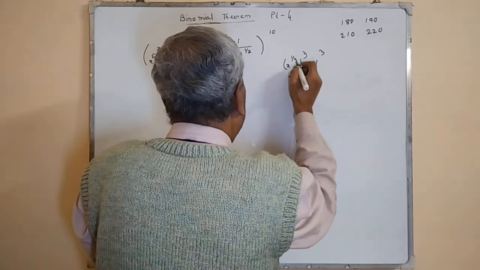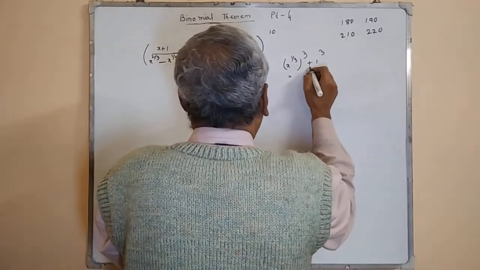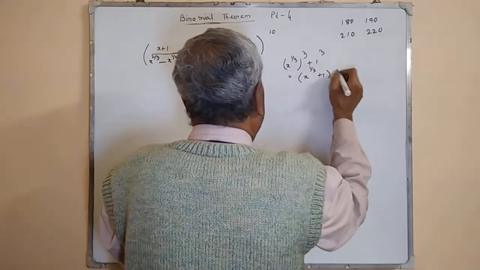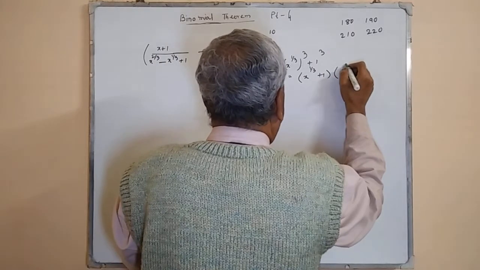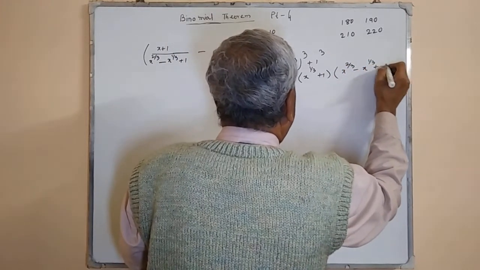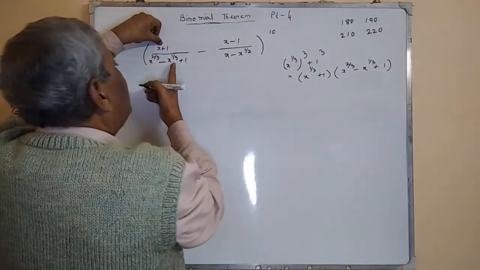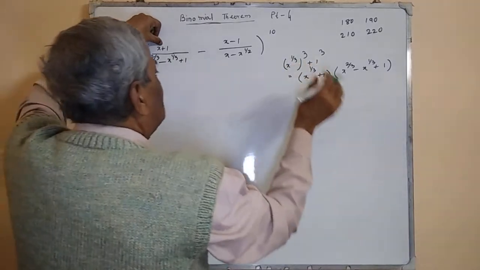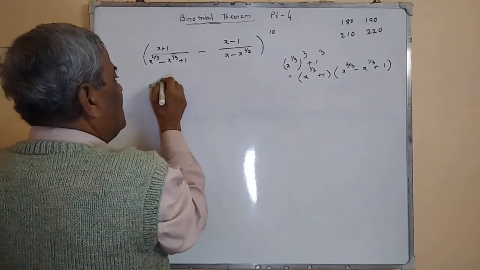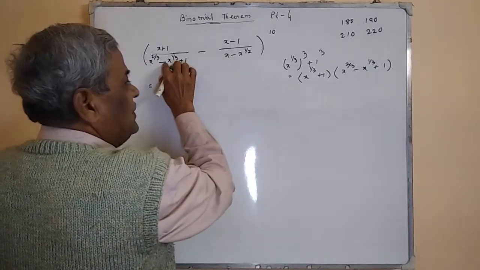It is equal to x to the power 1 by 3 plus 1 into (a square minus ab plus 1), where a plus b. So this divided by that is equal to x to the power 1 by 3 plus 1, because this cancels with that.